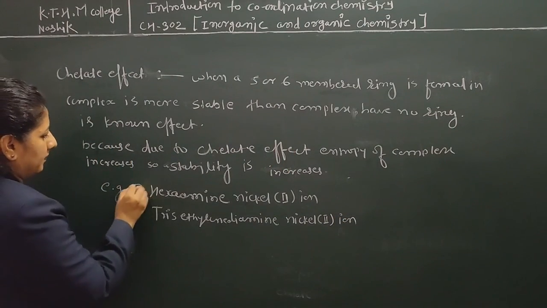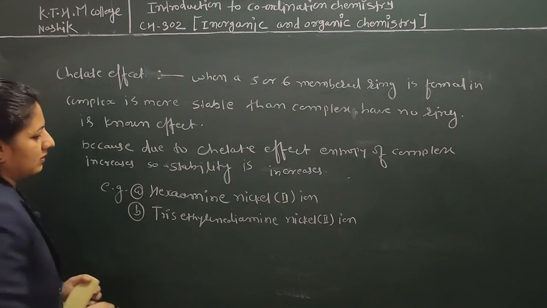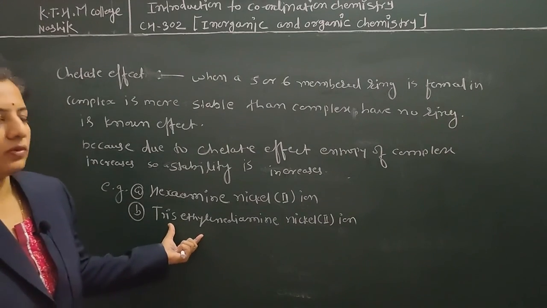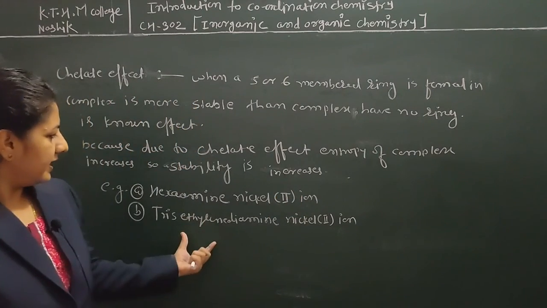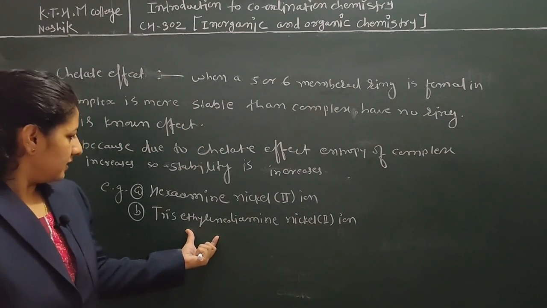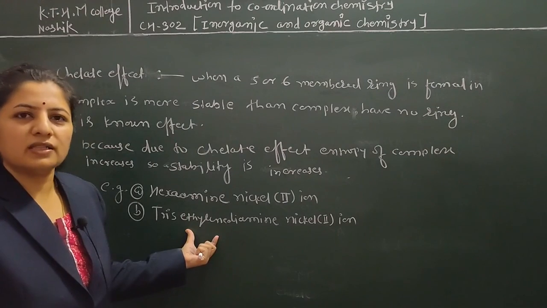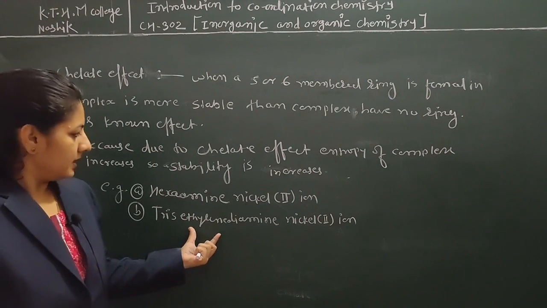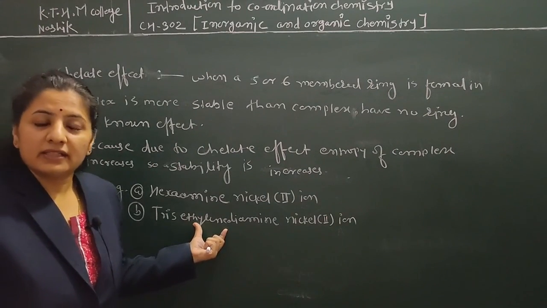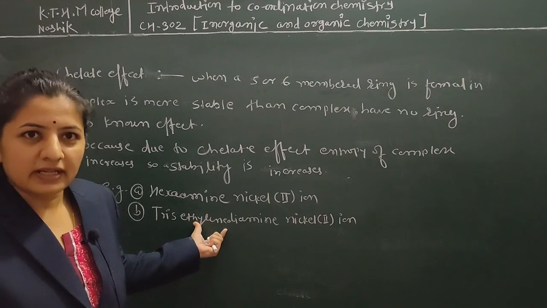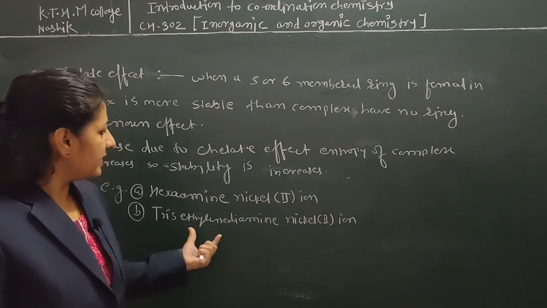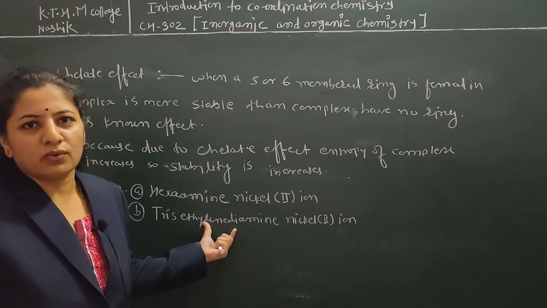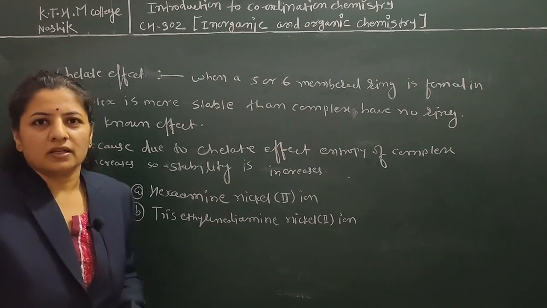If we compare these two examples, we can easily conclude that the latter one, the trisethylenediaminenickel ion, is more stable due to the ethylene diamine ligand. We know that ethylene diamine is a bidentate ligand. It can form a ring structure. So that's why the trisethylenediaminenickel ion is a more stable complex.